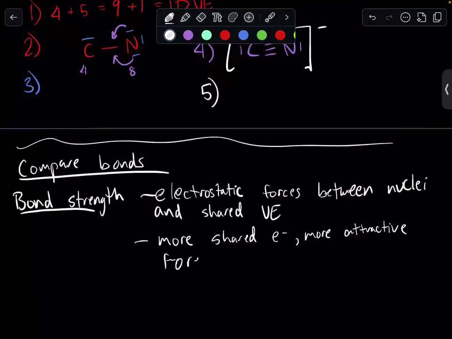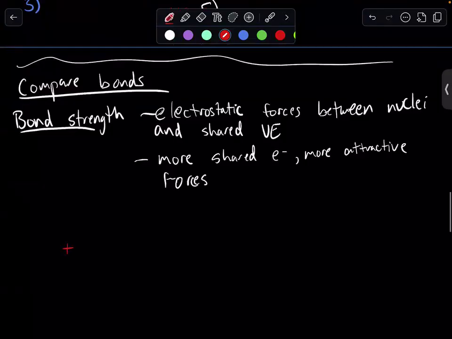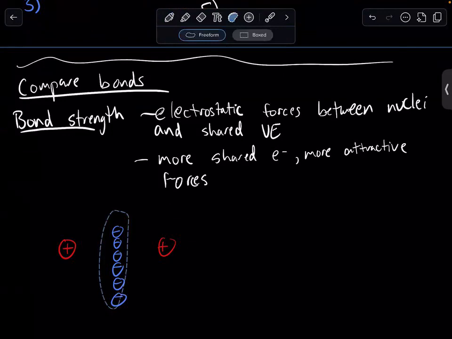If we were to draw this out, we can see 2 nuclei here on opposite ends of some electrons. 1, 2, 3, 4, 5, and 6. So that would represent a triple bond if we have 6 electrons.